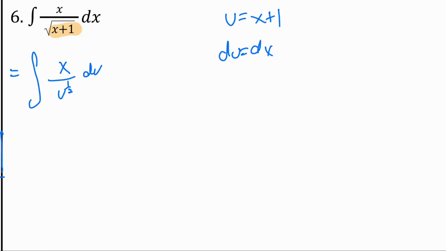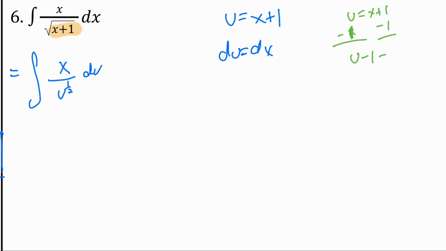Now, if you notice, there's a big problem here in the sense that there's nothing to cancel out. Sometimes when that happens, it means we have the wrong u. Other times, it means we can rearrange this problem a little bit to make it work. In our case, since we know u is equal to x plus 1, one thing we can do is solve for x. Let's subtract this one over.